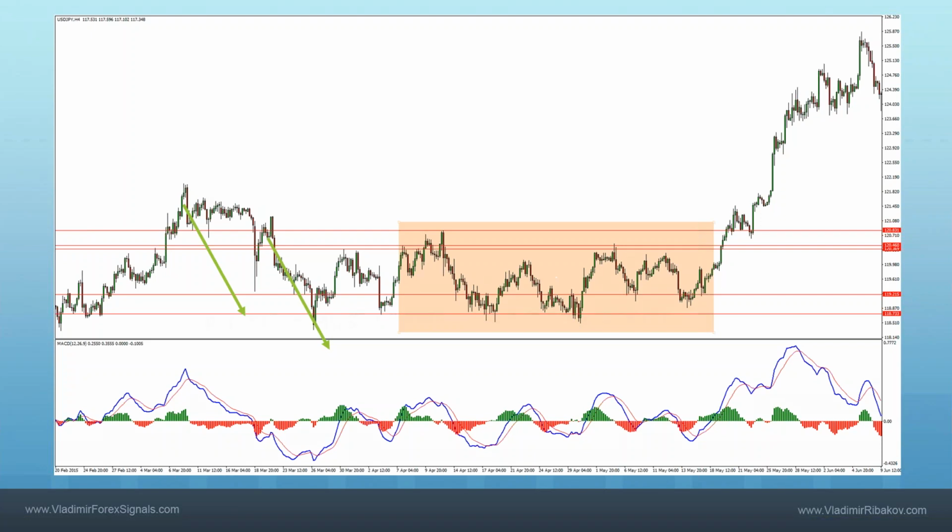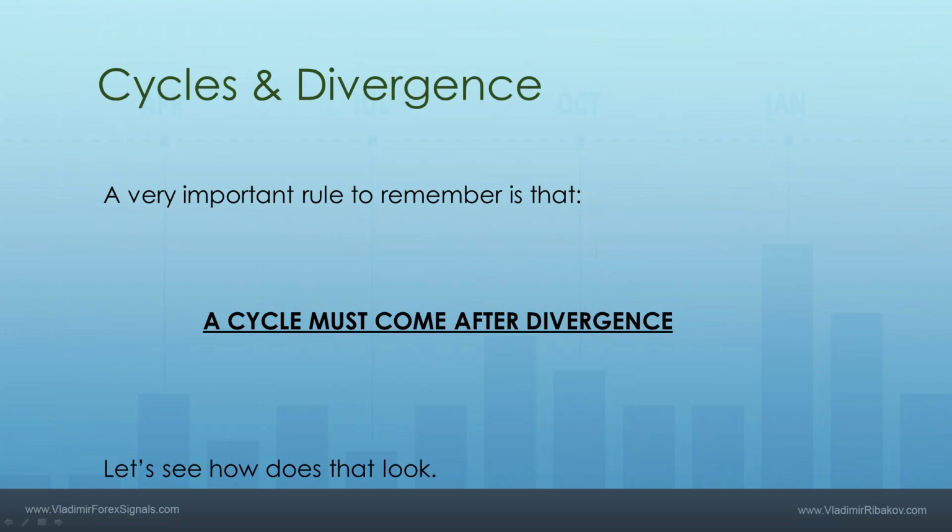All right? This is about the range. Now, here comes the interesting part, and I want you to remember that. Very, very, very important. A cycle must come with divergence. A cycle without divergence is not a completed cycle. Remember that. A cycle without divergence is not a completed cycle.